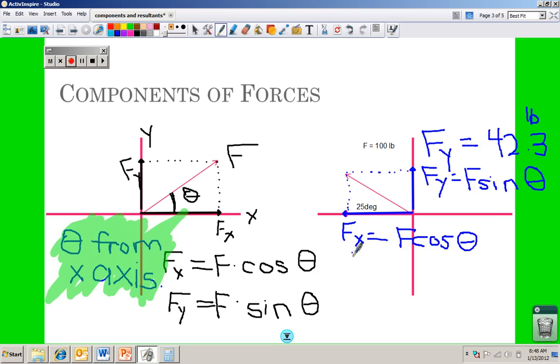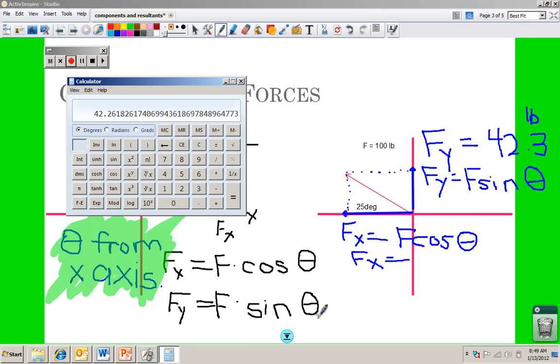Now f sub x is going to be, let's clear that.